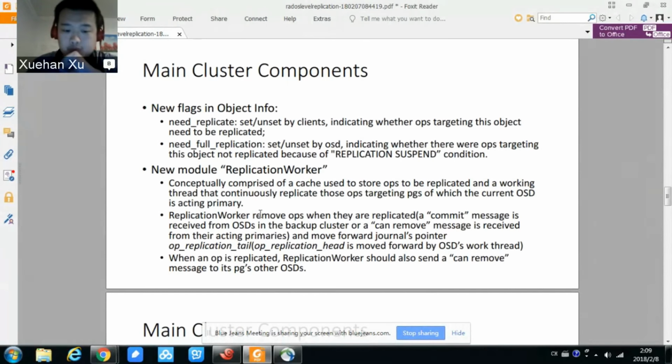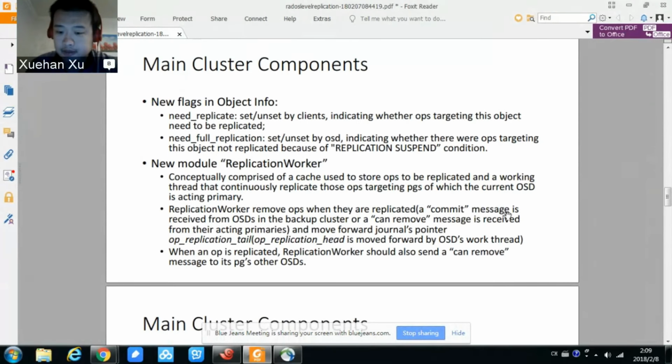The replication worker should remove ops when those ops are replicated, and by replicated we mean that the commit message is received from OSDs in the backup cluster, or a can remove message is received from the PGs' acting primary.